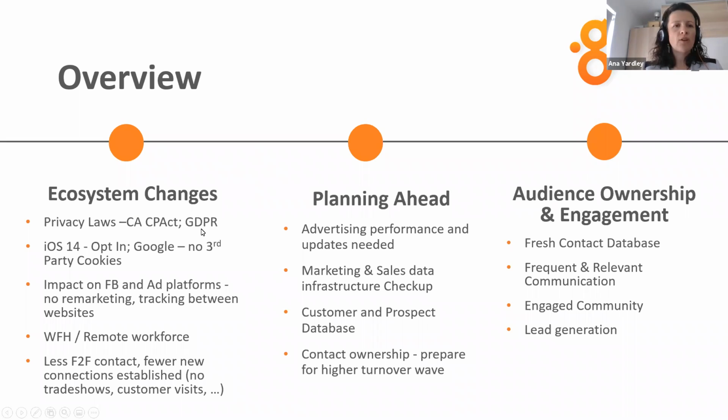And GDPR was launched in Europe. We're going to have a quick overview of that. California Consumer Privacy Act as well. Apple with iOS 14, Google with no third-party cookies. So there's a lot going on that is aiming at protecting the end user privacy.